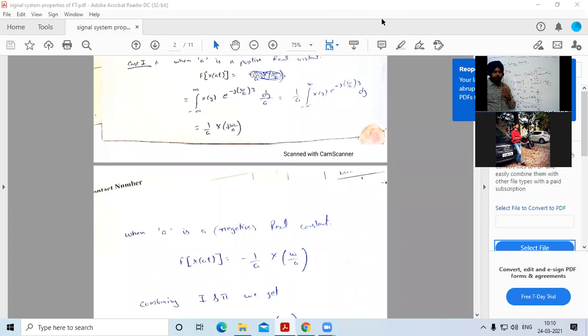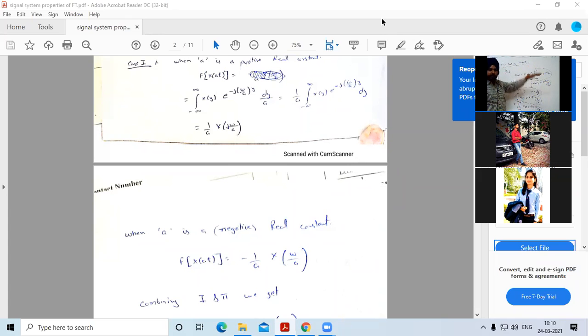If we do time compression in the time domain, frequency expansion will occur in the frequency domain. And similarly, if we do time expansion, what will be the effect in the frequency domain? The frequency domain is opposite.